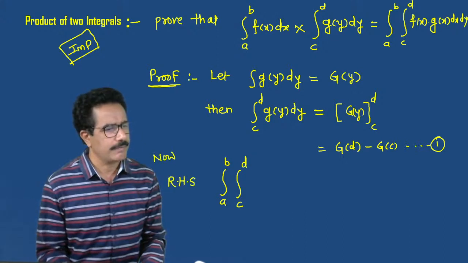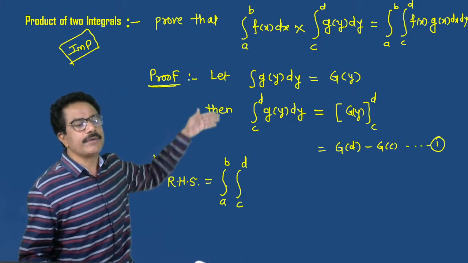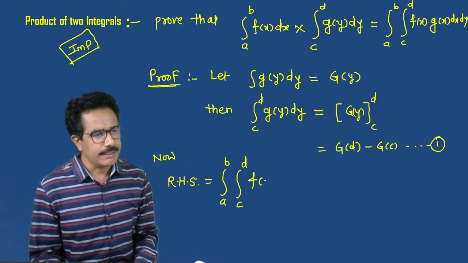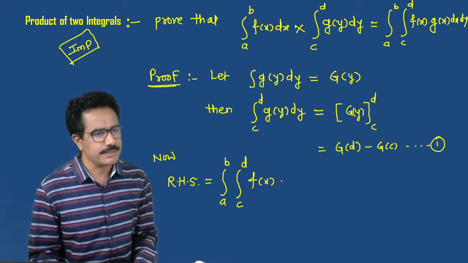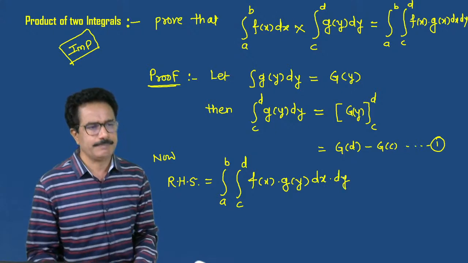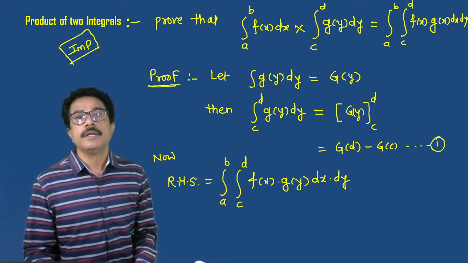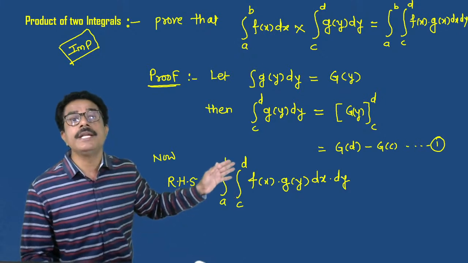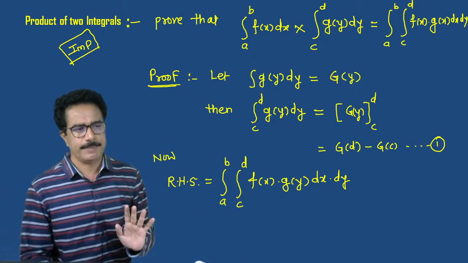The RHS is the double integral from a to b, c to d of f of x into g of y, dx into dy. Now, in the double integral, we can operate integration one by one.